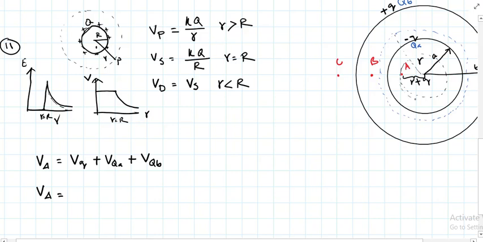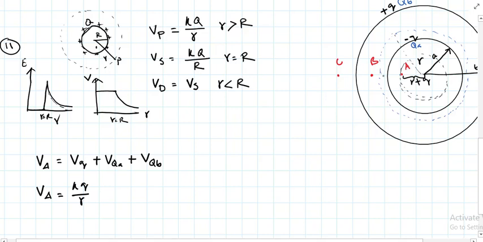Since the enclosed charge is q at the center, we can say the electric potential outside is KQ over r, right?